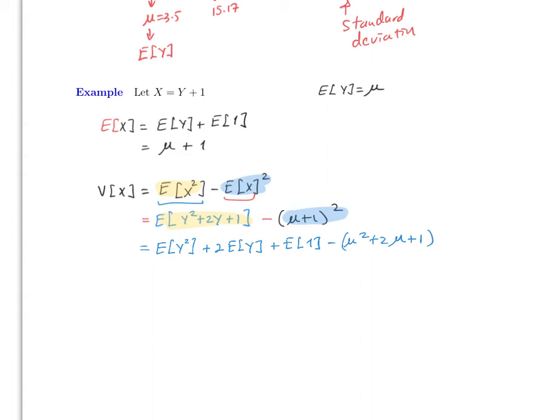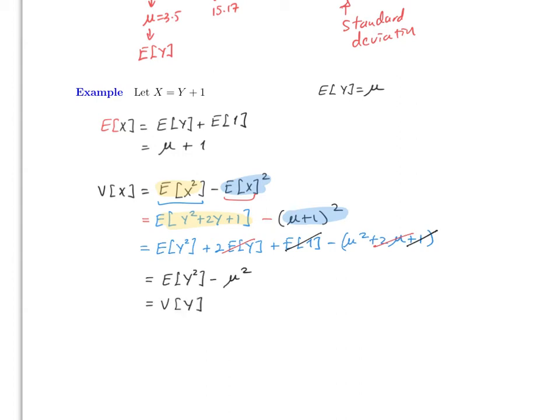Right, so notice this will cancel this, and this obviously will cancel that, so you'll end up with the expected value of y squared minus mu squared, which is technically just the variance of y.